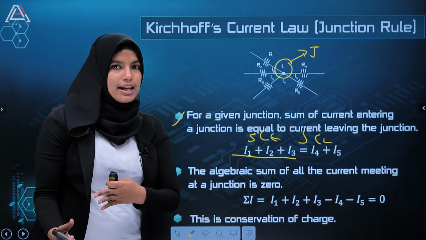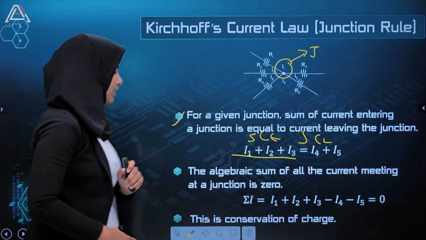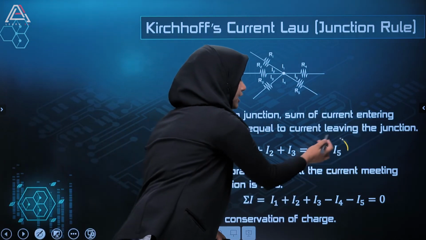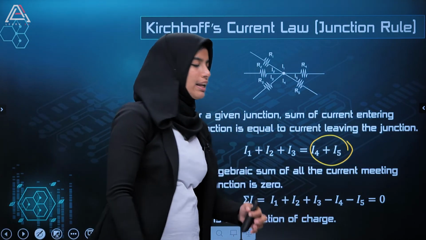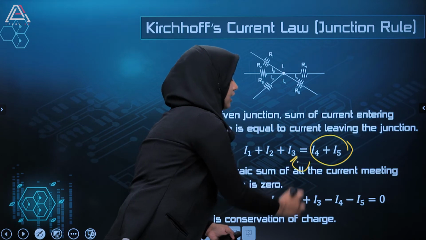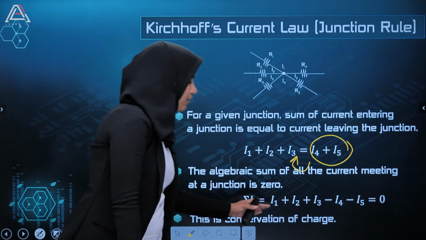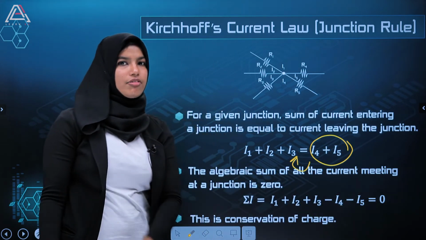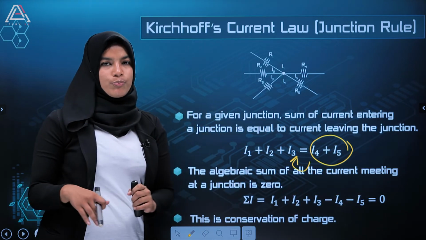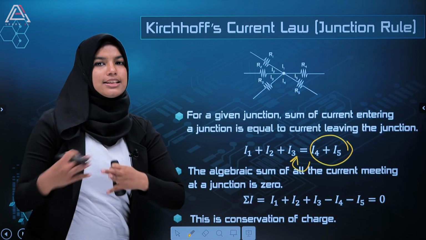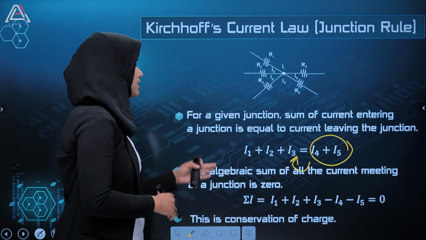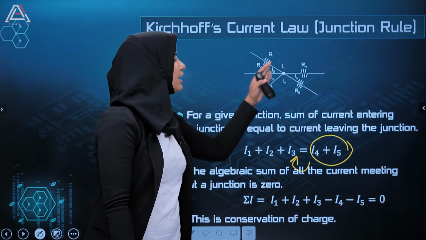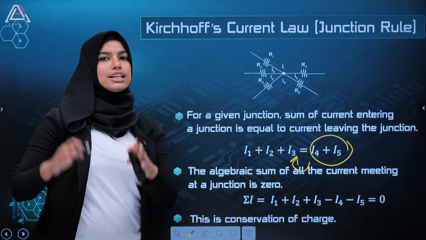Now we can analyze this rule in a different way. Consider this particular equation. If I take these two values over here, I can write it as I1 plus I2 plus I3 minus I4 minus I5 is equal to 0. So that's another definition of the junction rule: the algebraic sum of all currents entering and leaving a junction is 0.